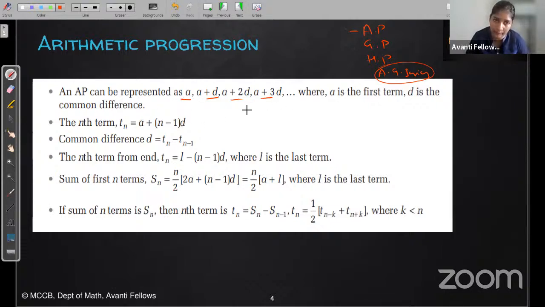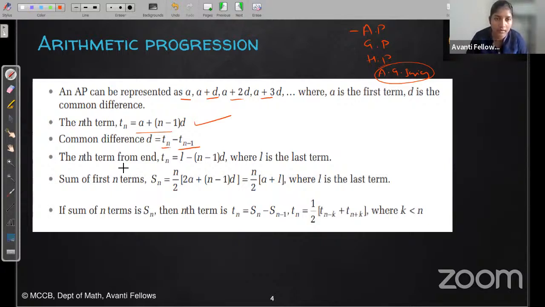If this is the arithmetic progression, then its nth term is given by a plus n minus 1 into d. Whoever was not there in the first class, please concentrate here and listen properly. And if Tn is the nth term, the common difference will be given by d is equal to Tn minus Tn minus 1, that is, the difference of two consecutive terms.